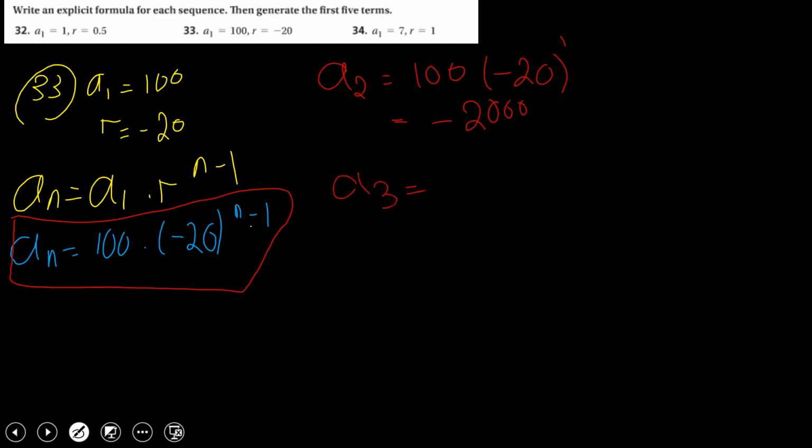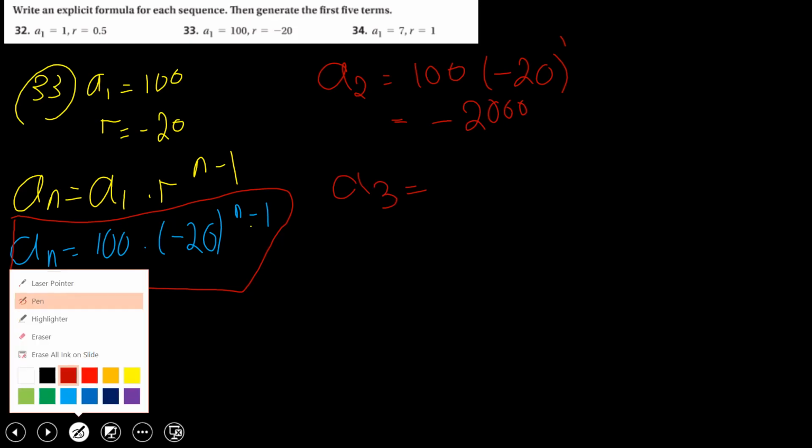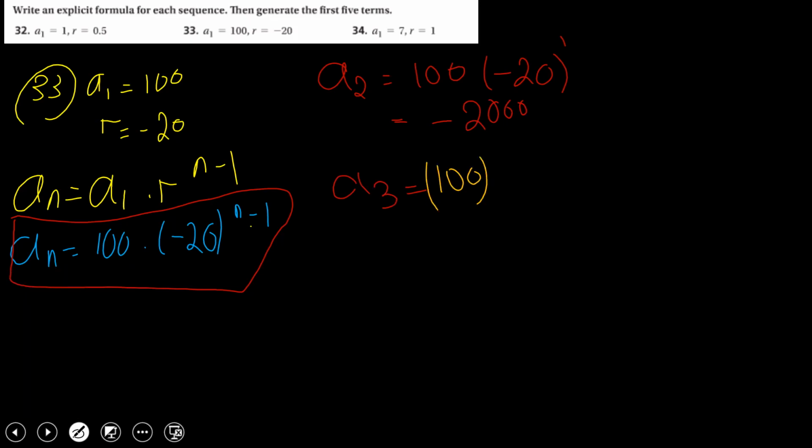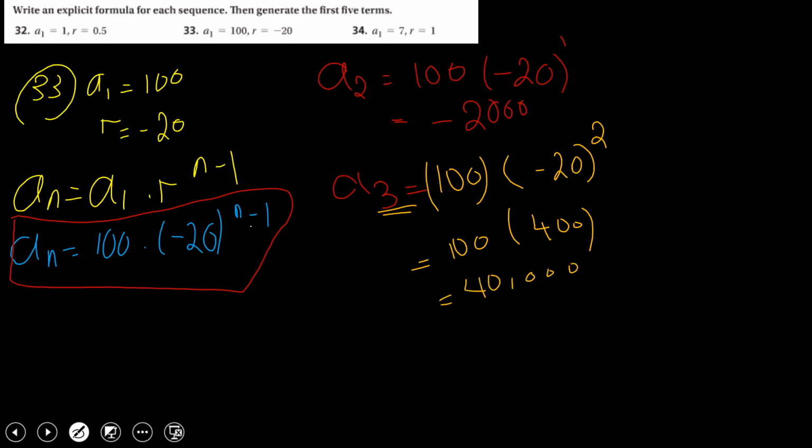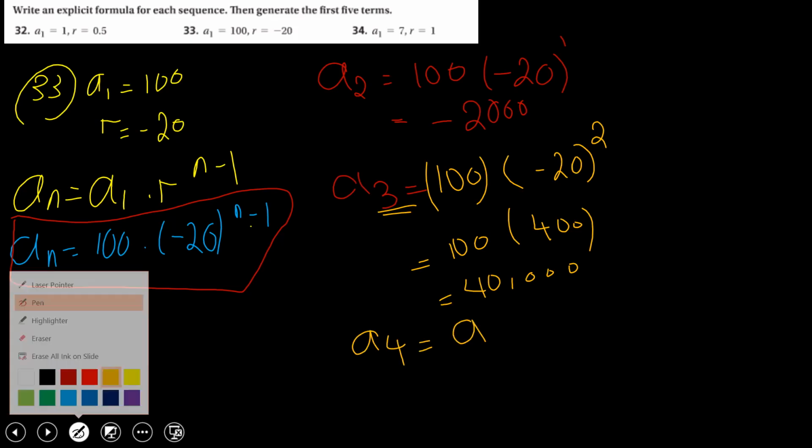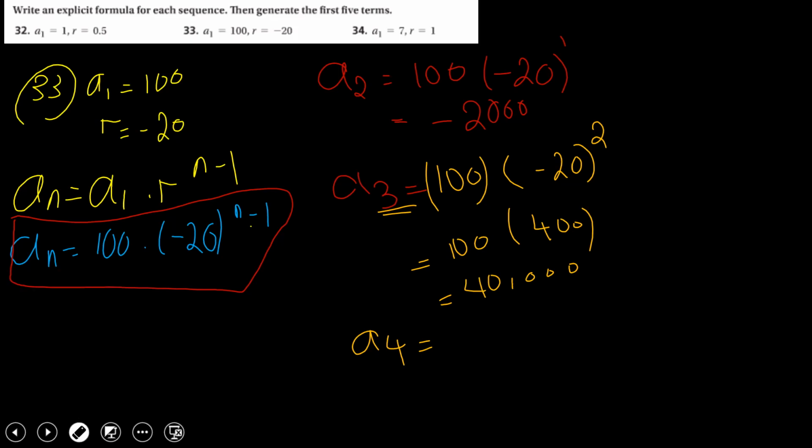Then a sub 3 is a sub 1, which is 100, times negative 20 raised to the power 2, because it's 3 minus 1, 2, which will be 100 times 400. That's negative 20 raised to the power 2 is 400, and the answer will be 40,000. Now, a sub 4 will be 100 times negative 20 raised to the power 3.